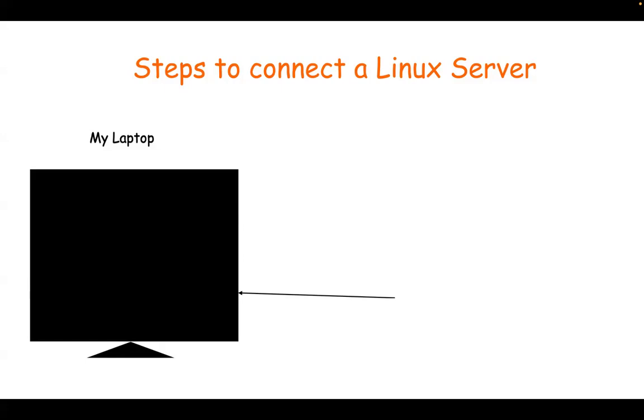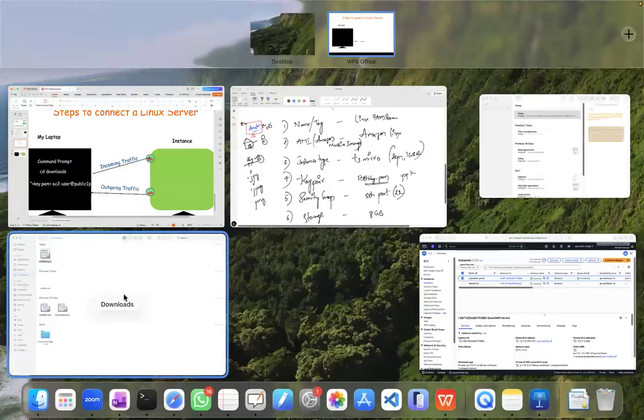That server's details you should have, right? Because there are millions of servers. To which server you want to connect, you should know that server's details. What type of details? The public IP address of that server, username of that server, and key pair of that server. Do we have all 3 details of that server? Public IP, key pair, username. Yeah, they are in the AWS. Yes.